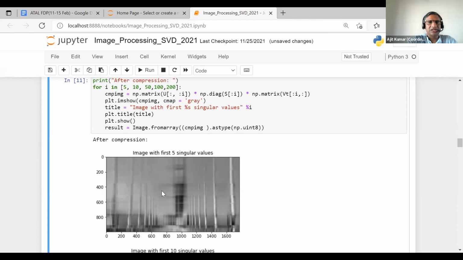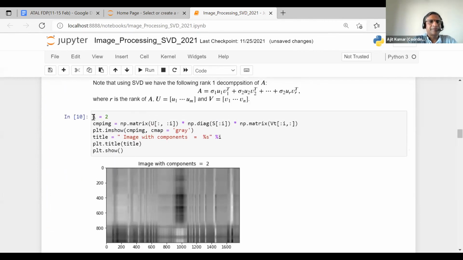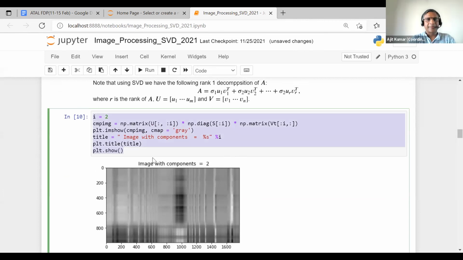So you can see here, this is the image you are getting. Okay, let me copy this there. You can hardly make out what this image is. So it's not a good approximation.